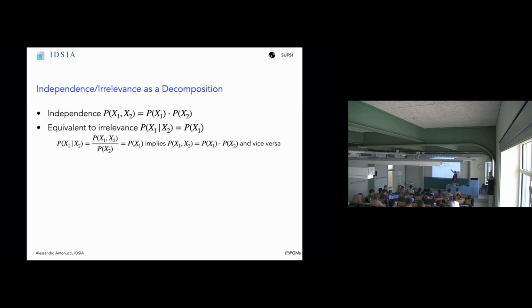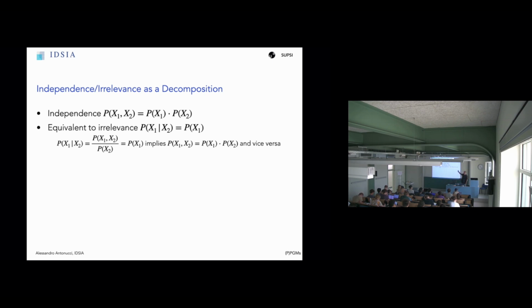Equivalently, you can say that they are independent if and only if they are irrelevant. I'm not considering zero probability cases. I'm making things very simple, and basically the conditional probability of one variable given the other is equivalent to the marginal. So basically it means that x2 is not telling me something more about x1. It's just the marginal distribution over x1.